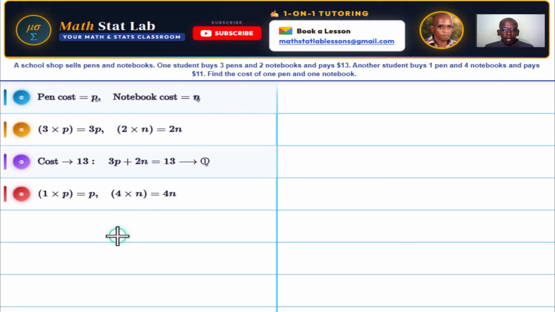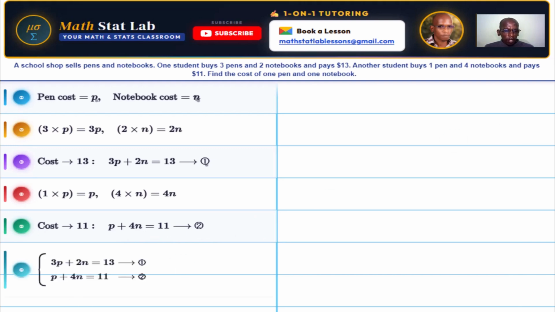But after buying those pens and notebooks, he spends $11. So if I take the total cost of pens plus the total cost of notebooks, which is 4N, I should get $11. So P plus 4N is 11, and you have formed the second equation.